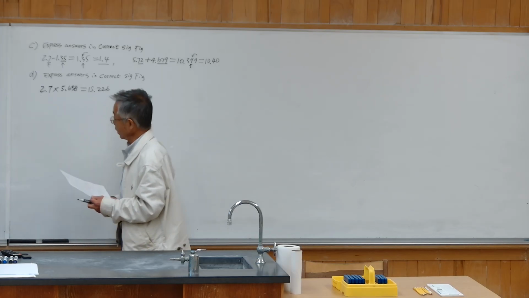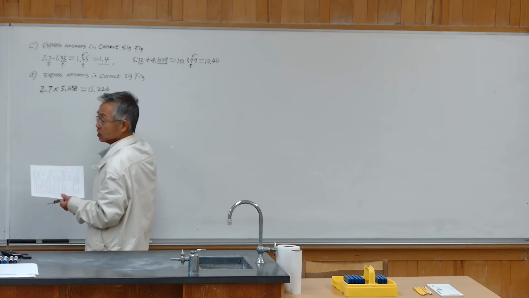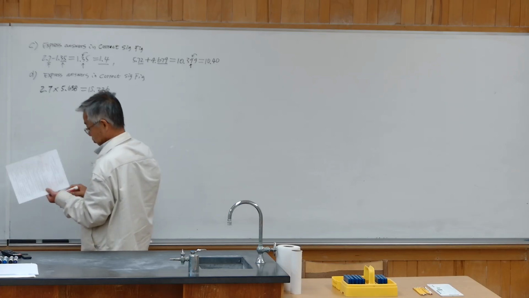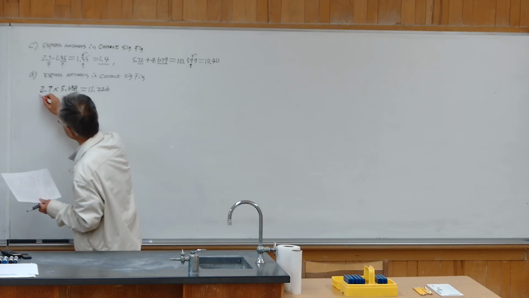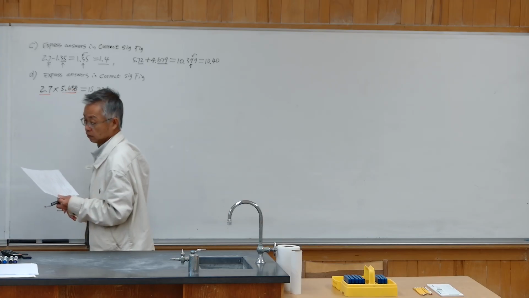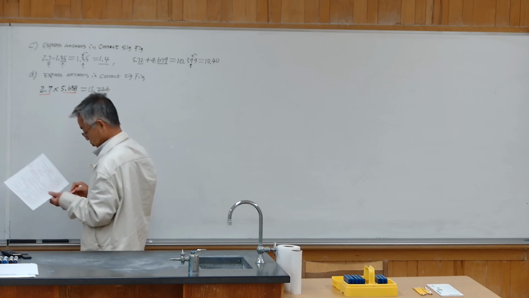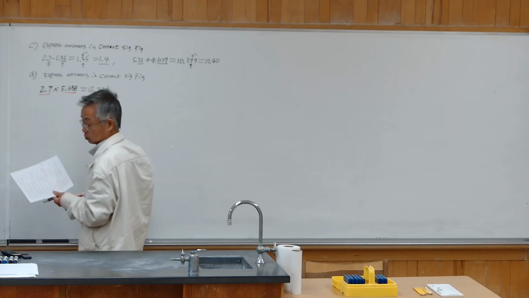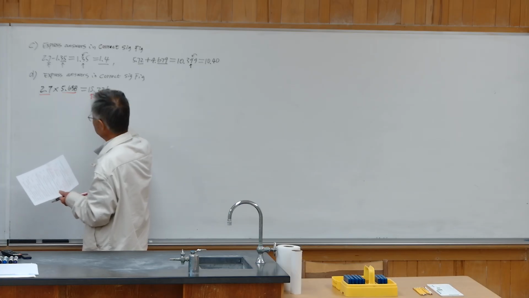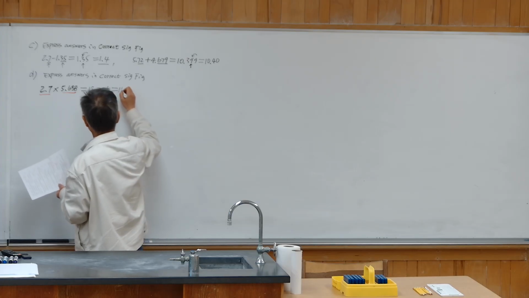For multiplication, the rule is the answer cannot have more significant figures than any of the original numbers. This number has 2 significant figures and this has 4, so the answer can only have 2 significant figures. 1, 2. Since the next digit is less than 5, we can just delete it. So your final answer is just 15.